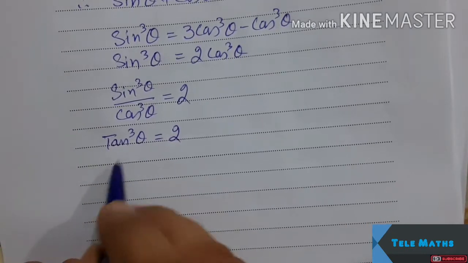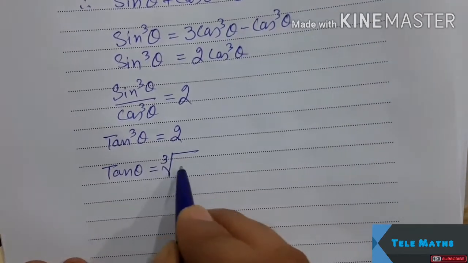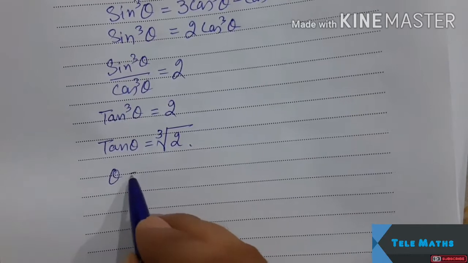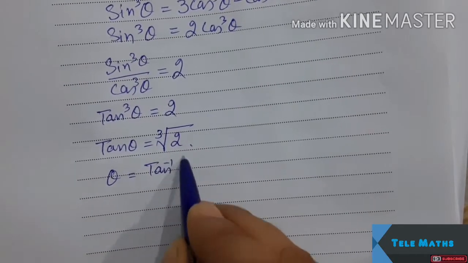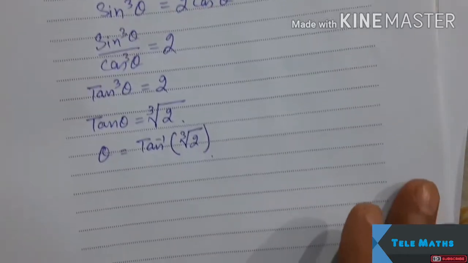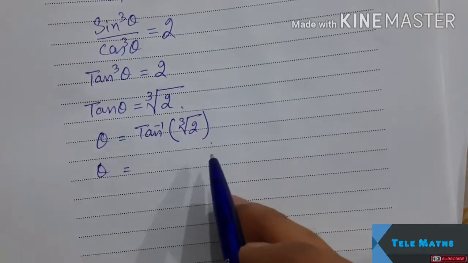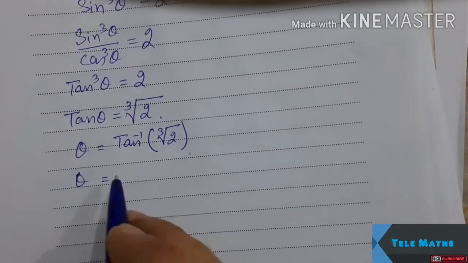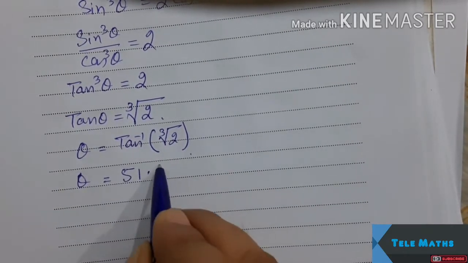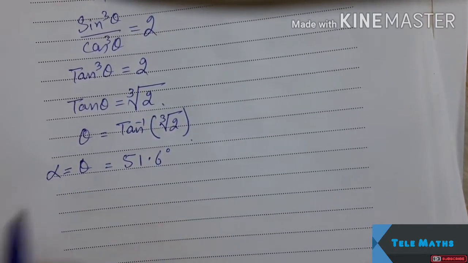So take the cube root. So this will become tan theta is equal to cube root of 2. Therefore theta will be tan inverse cube root of 2. So after solving by the calculator, theta is equal to 51.6 degrees. So this is actually our alpha.